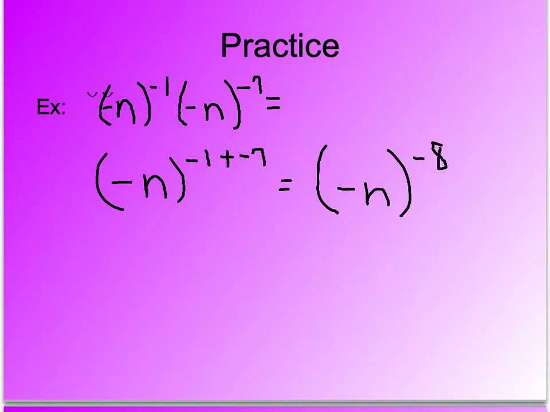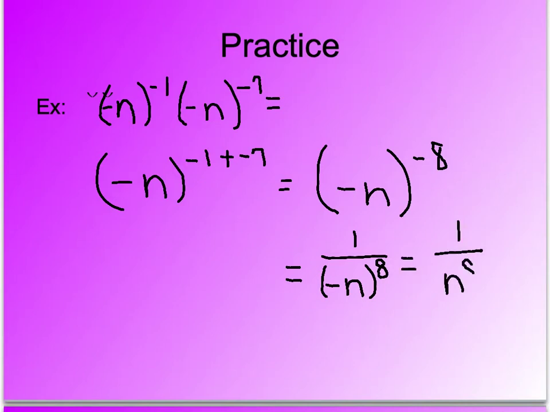But remember, I don't write answers with negative exponents, so this is really 1 over negative n to the positive 8 power. And since this 8 is even and not odd, I can write this as 1 over n to the 8th. It causes that negative 1 to become a positive 1.